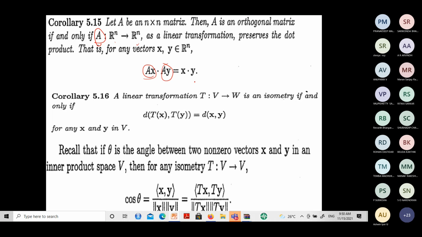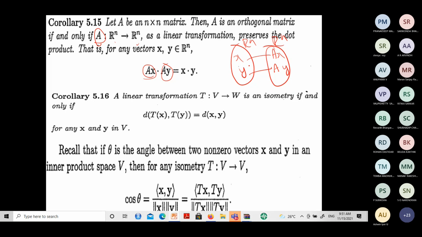Here you consider two vectors x and y. The linear transformation takes x to Ax and y to Ay.